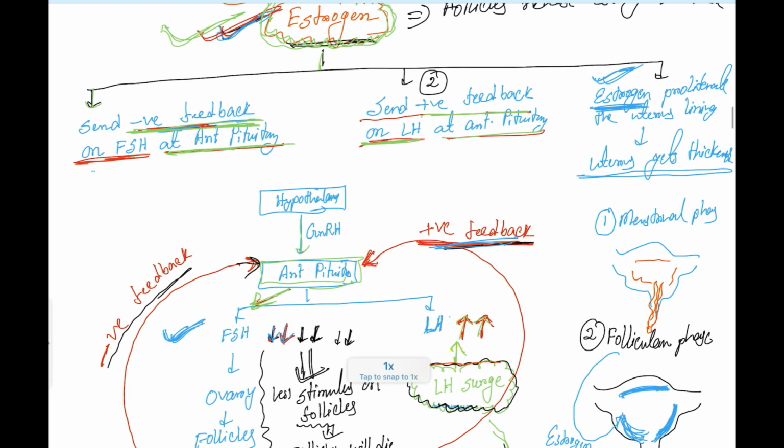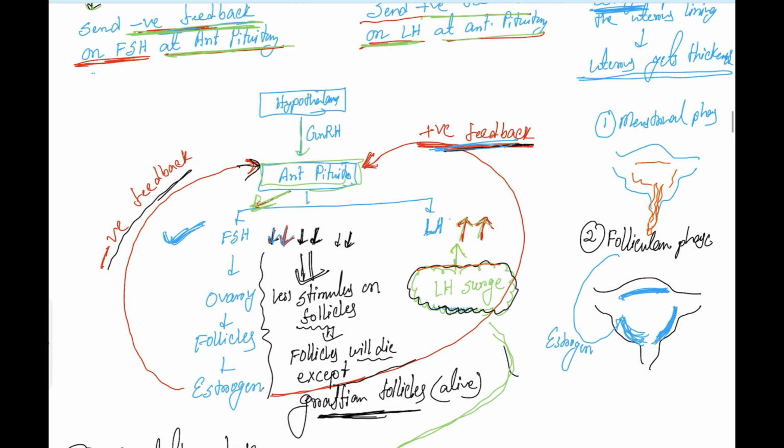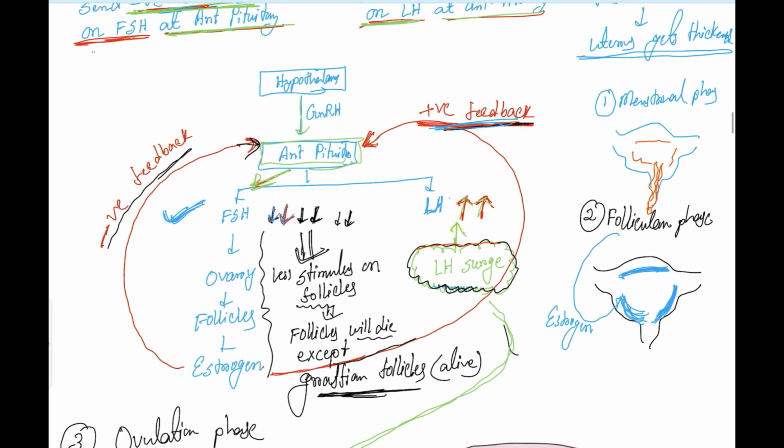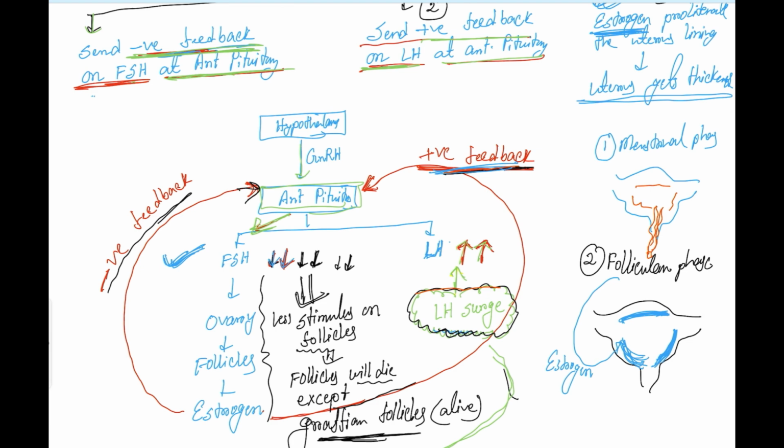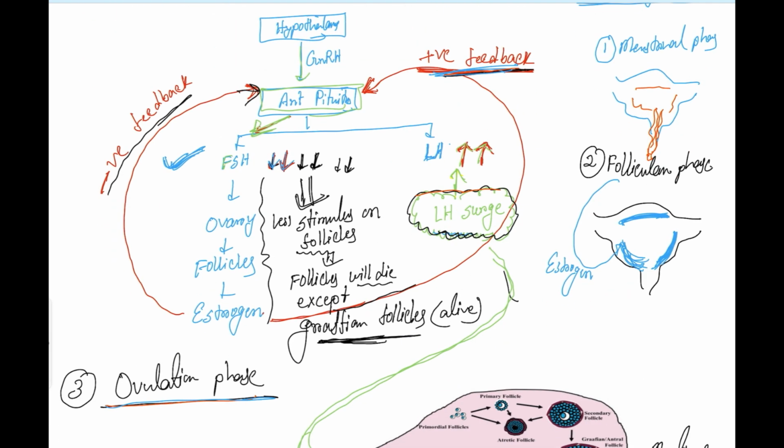Now there is a lot of estrogen inside the body, right? Mostly these hormones act by negative feedback mechanism. So estrogen sends a message to the anterior pituitary that enough is enough. No need for follicle stimulating hormone anymore. So estrogen sends negative feedback to the anterior pituitary, and FSH should be decreased.